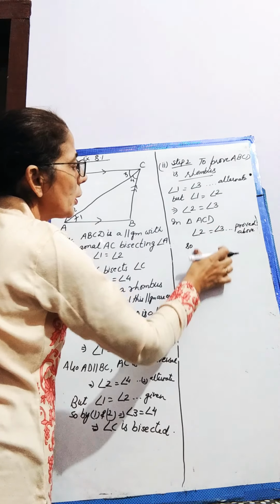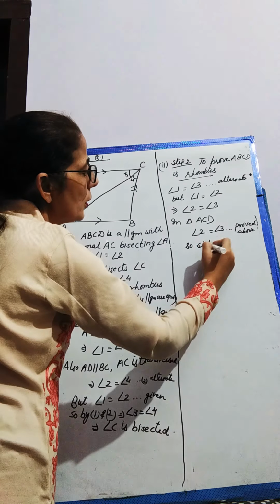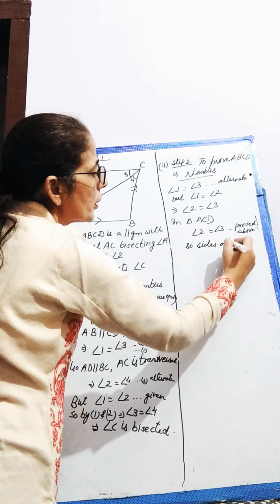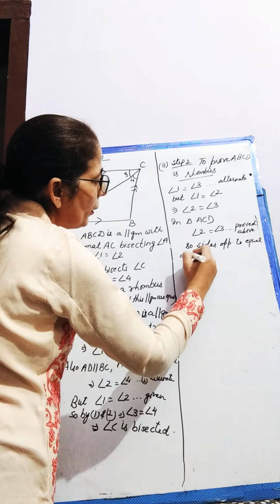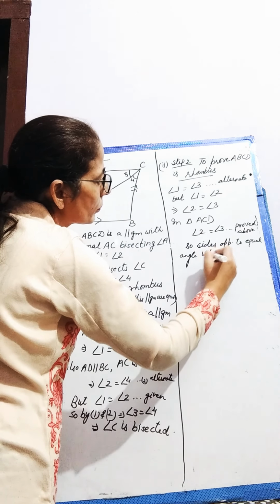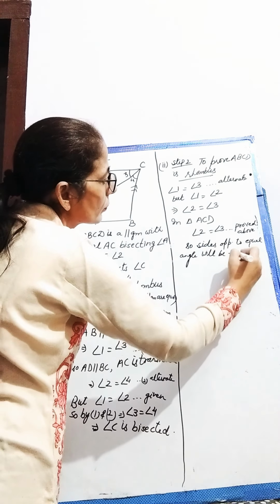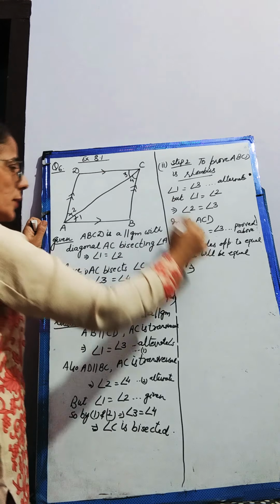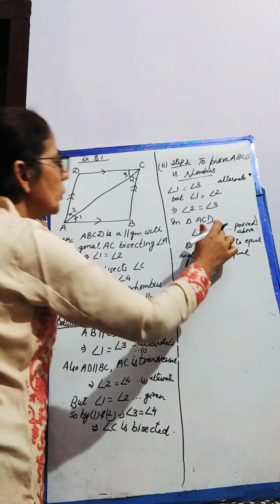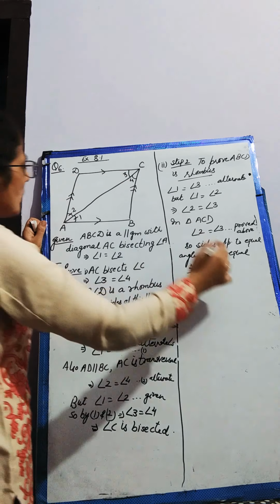Sides opposite to equal angles will be equal. This implies that the side opposite angle 2, which is CD, is equal to the side opposite angle 3, which is AD.